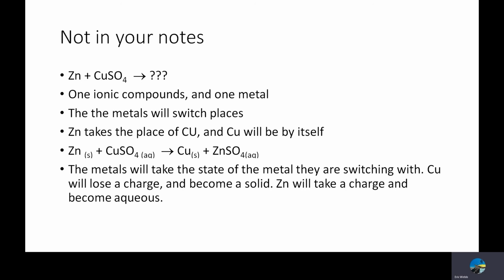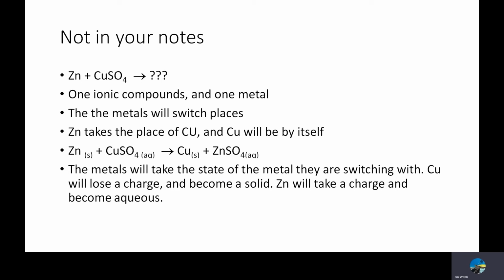When we react this, copper is going to be a solid, it's going to form a precipitate. You did see precipitates in that lab with the well plates, produced some chemical reactions, and you saw flakes of metal falling out of the solutions. Basically, these metals will take the states of the metal that they're switching with. Another thing is that the metal that is coming out of the solution will kind of lose its electric charge.